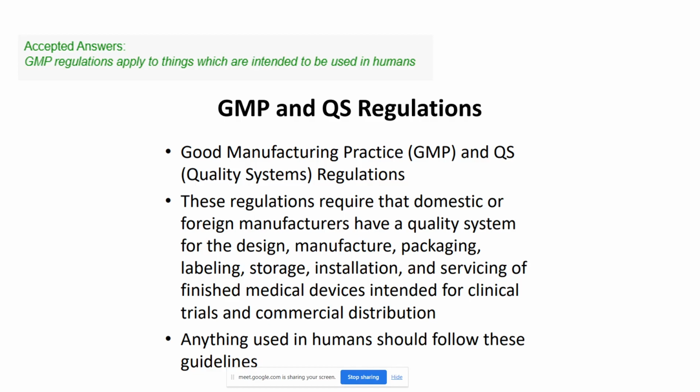These regulations require that the domestic or foreign manufacturers have a quality system for the design, manufacture, packaging, storage, installation, etc., intended for clinical trials and commercial distribution. And anything used in humans should follow these guidelines. So GMP regulations apply to things which are intended to be used in humans will be the correct option.